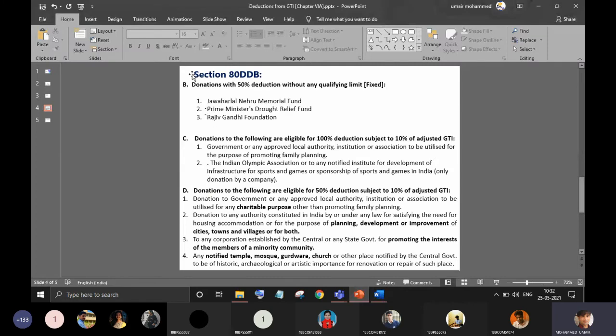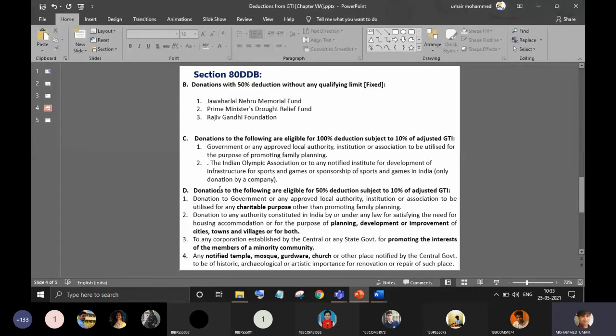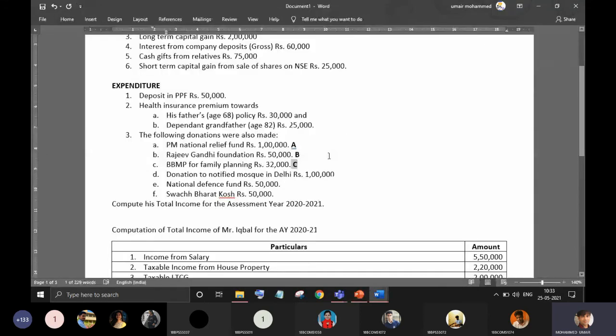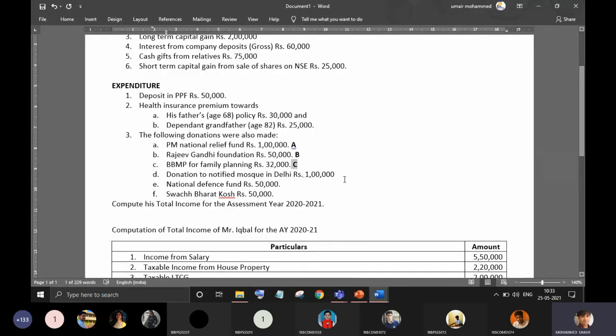Then you have donation to local authority for promoting family planning, which is category C. Then you have donation to a notified temple, mosque or any other religious institution, which comes under category D.